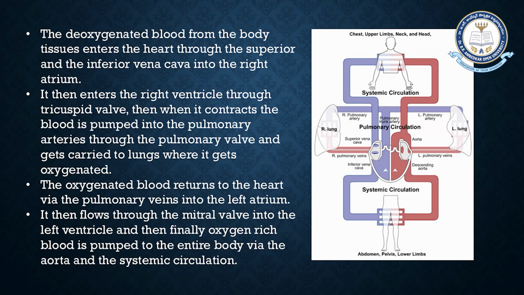The deoxygenated blood from the body tissues enters into the heart via the superior and inferior vena cava into the right atrium. The right atrium then pushes this blood into the right ventricle through the tricuspid valve. Then when the right ventricle contracts, this blood is pumped into the pulmonary arteries passing the pulmonary valve, which then gets carried to the lungs to get oxygenated.